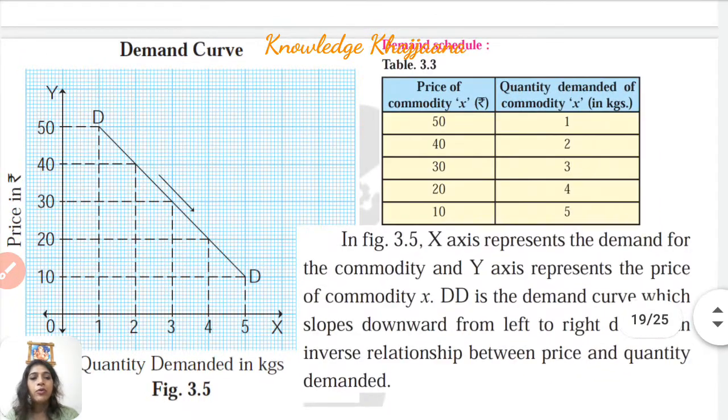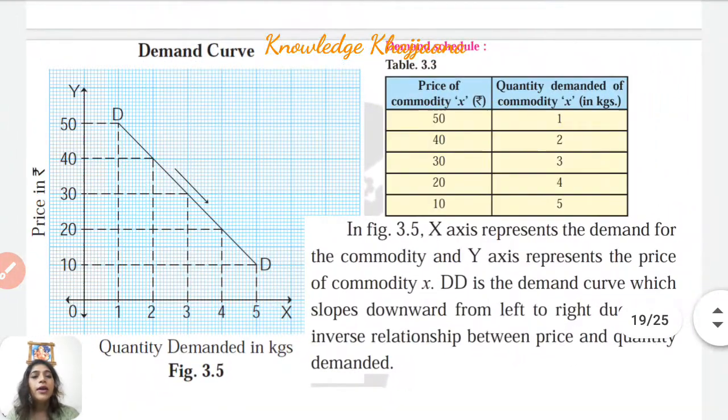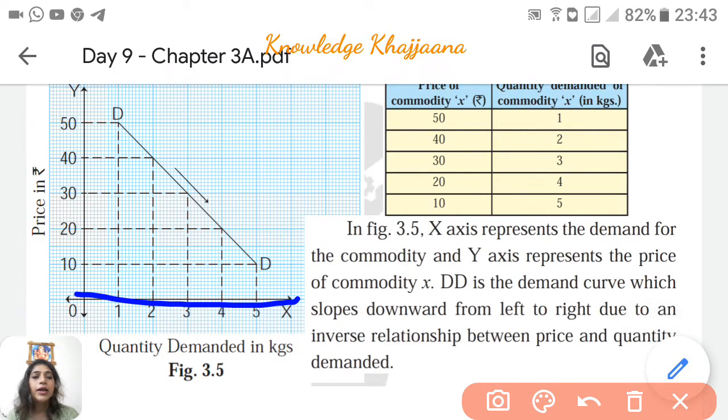in figure 3.5, this is the x-axis. In figure 3.5, the x-axis represents the demand for the commodity. See, 1, 2, 3, 4, 5 are the numbers which are the demand for the commodity.